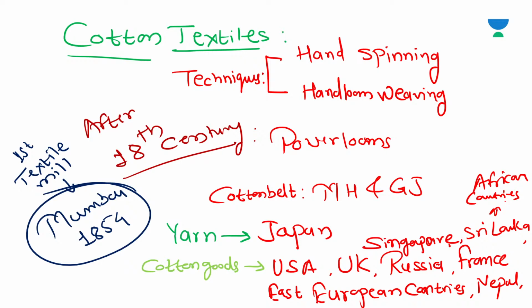This mismatch is a major drawback for the industry, and as a result, many of our spinners export cotton yarn, while apparel garment manufacturers have to import fabric. So this is the major mismatch.